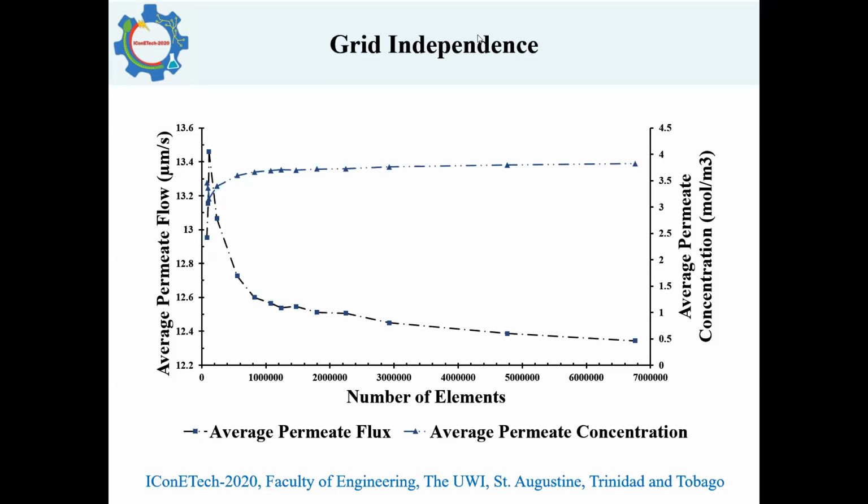Our diffusion coefficient through the active layer of the membrane was assumed to be 400 by 10 to the minus 15 meters squared per second. And alpha and beta in this instance were assumed to be 0. Having sequentially and continuously reduced our mesh, we found grid independence at about 6.7 million elements.